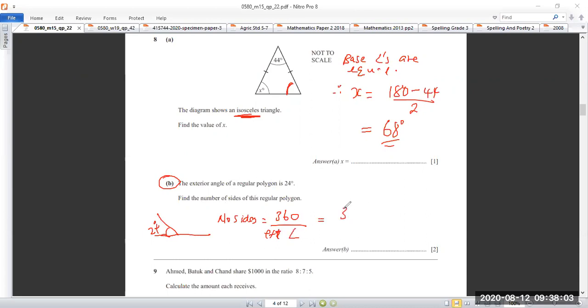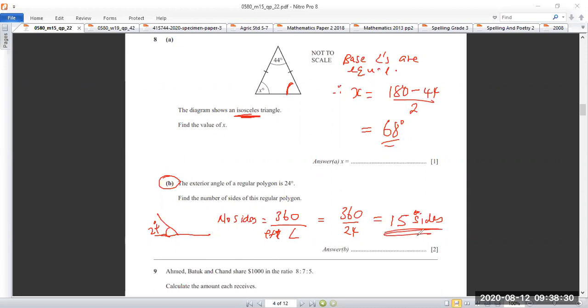This equals 360 divided by 24. It gives you 15 sides.